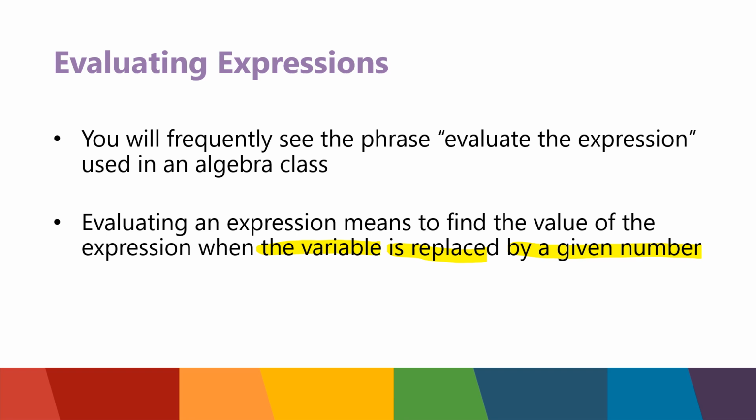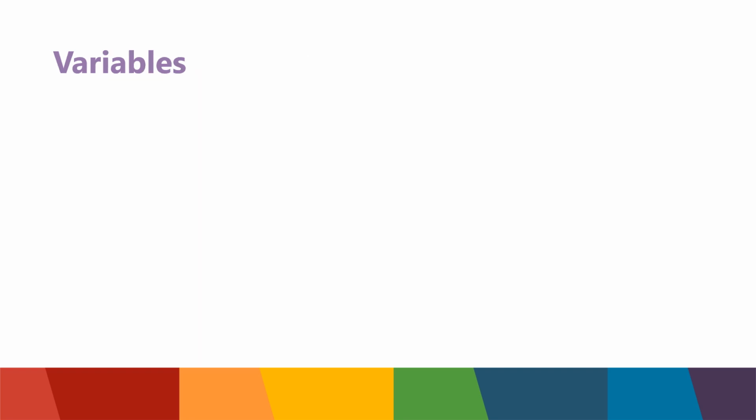Now, what does variable mean? What do you think a variable is? Think of it like if someone asks you, what's the weather like where you live? And you might say, oh, well, it varies.